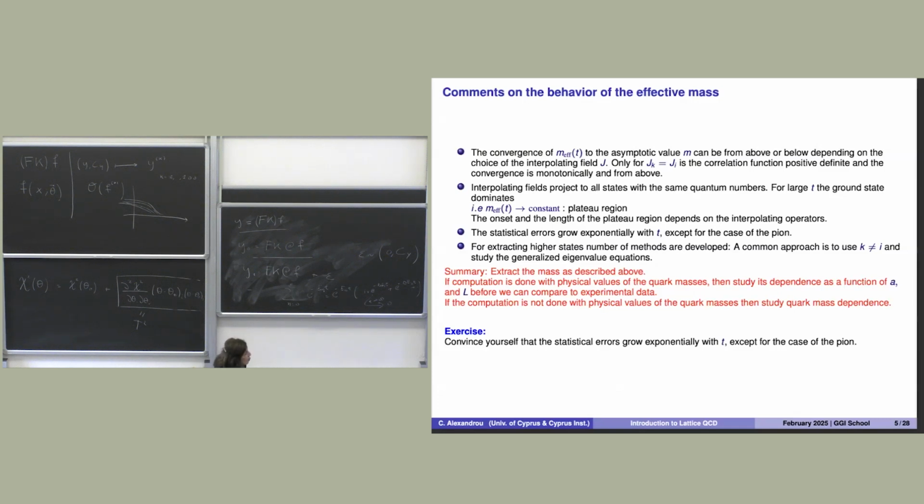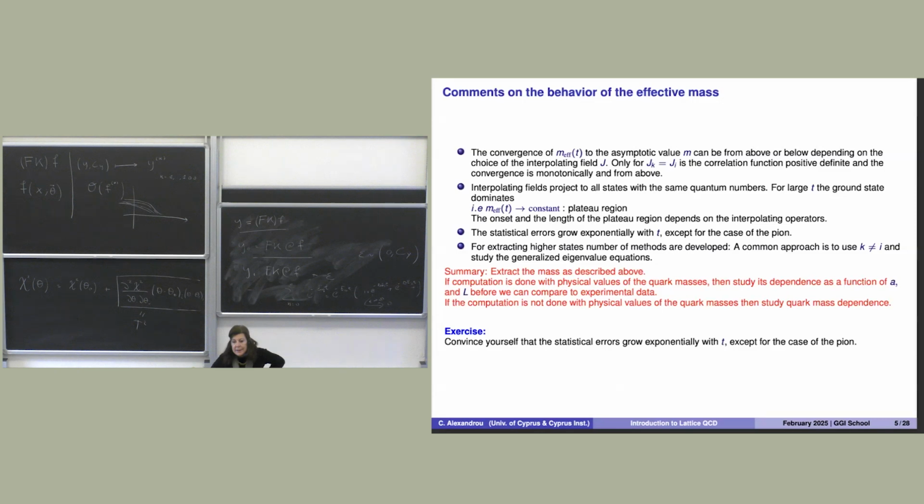This goes to a constant, as we said, in the asymptotic limit, and this we call a Plateau region where we fit a constant. And as we said, the onset and the length of the Plateau region depend on the interpolating operators. Now, this is very important, and that's why we need to optimize our interpolating fields.